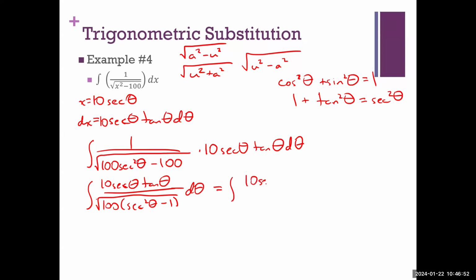Now I get 10 secant theta tangent theta over 10 times tangent theta d theta. So that gives us what? The integral of secant theta d theta.